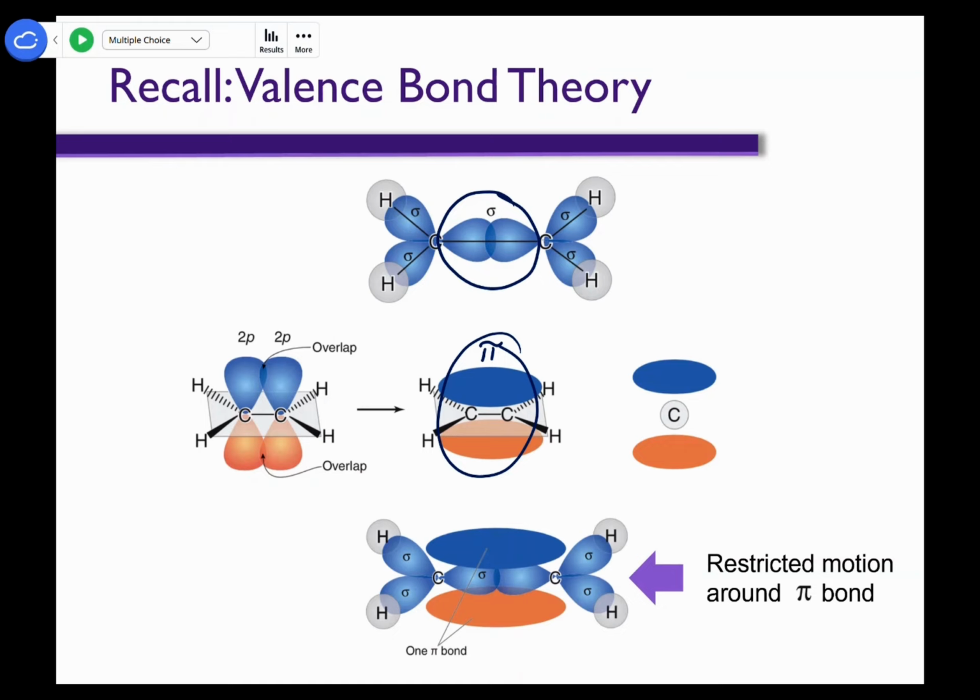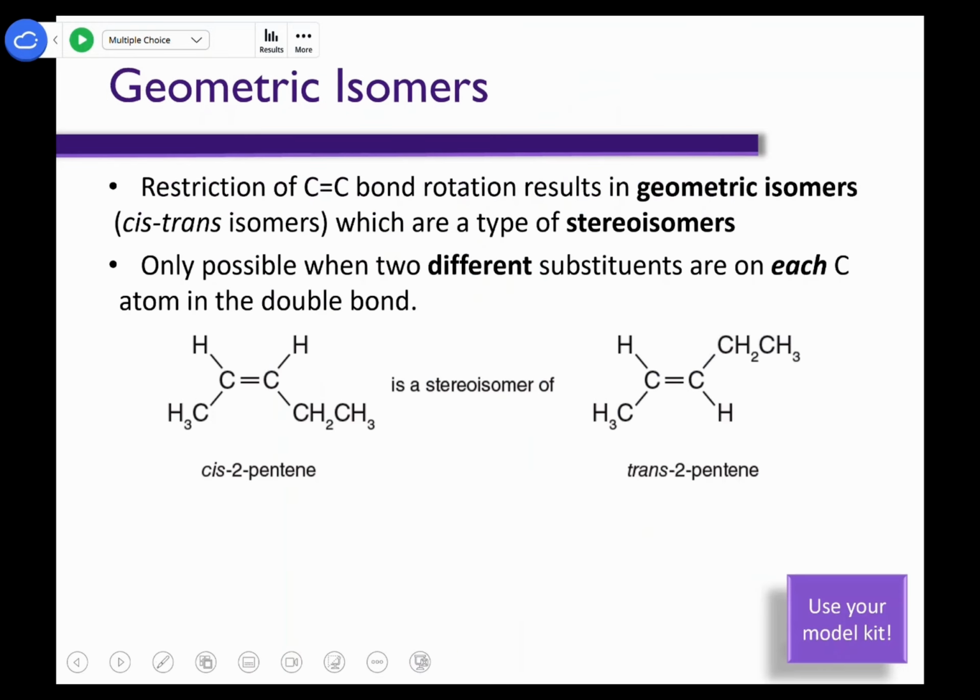Sigma bonds we can rotate as much as we want. That's how we get cool conformations. But pi bonds don't rotate. And so this leads to another type of stereoisomerism because these double bonds, because of the pi bond, cannot rotate. This restricted motion leads to another type of isomerism.